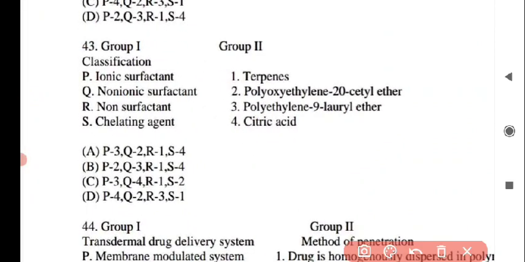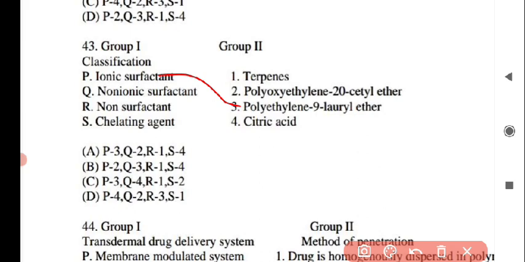Then in the next question, the group 1 contains the classification and the group 2 contains the compound, or we can say example. So for the first classification, that is ionic surfactant, the correct example is option number 3, that is polyethylene 9 lauryl ether.